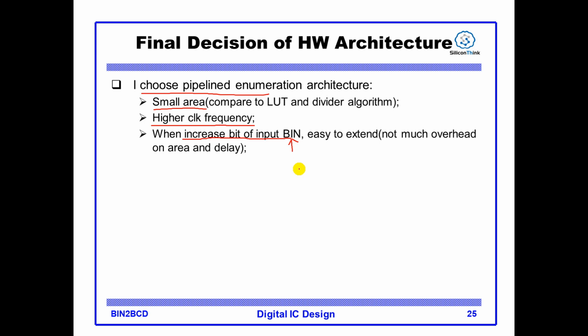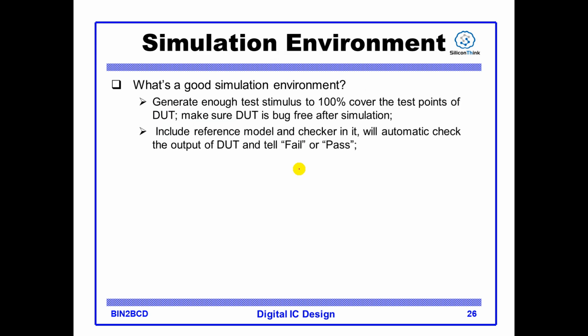Okay. When you have understood the problem, analyzed the algorithms for this problem and defined the architecture, you have to implement it in real code. And after that, you need to design the simulation environment. So what's a good simulation environment? Let's review. A good simulation environment can generate enough test stimulus to cover all the test points of the DUT.